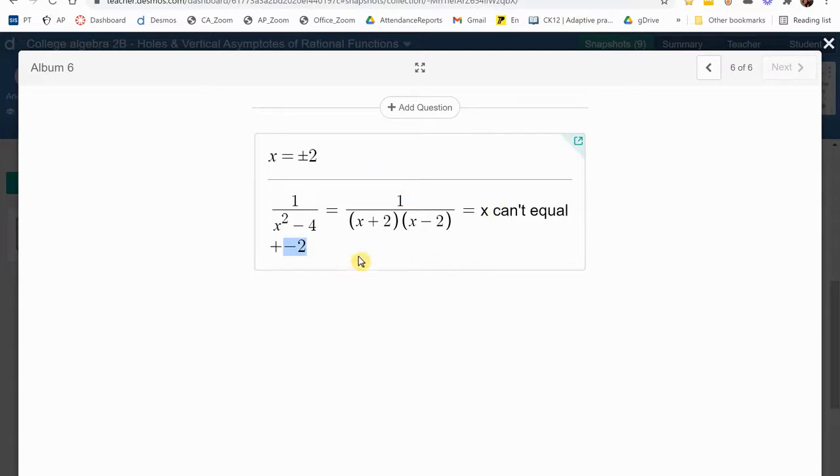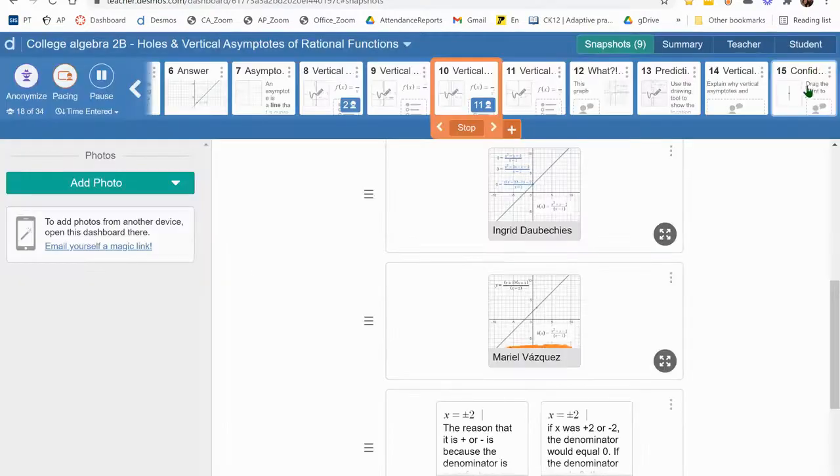So because it would turn the denominator into 0, which is undefined, therefore creating vertical asymptotes at the values of x equals +2 and x equals -2. That's what you would need to really complete your thoughts on those. But very nice job, all of you, putting together good, thoughtful responses.